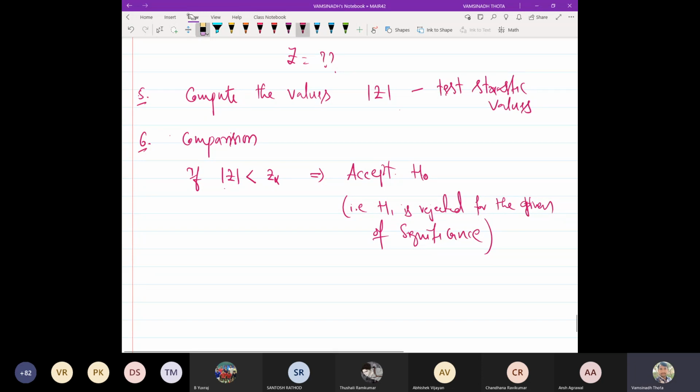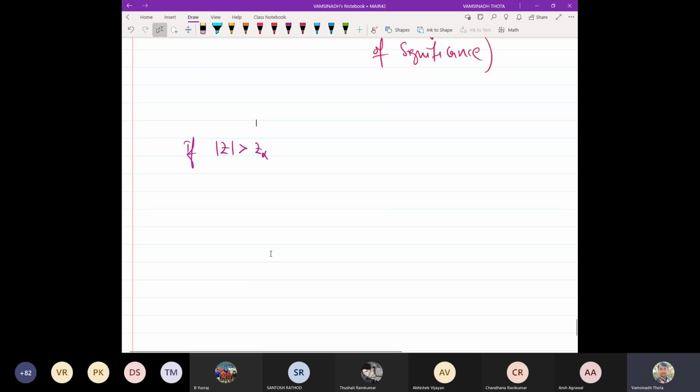And the other one: suppose the test statistic value is bigger than or equal to Z alpha, that is the critical value, it implies reject H naught.